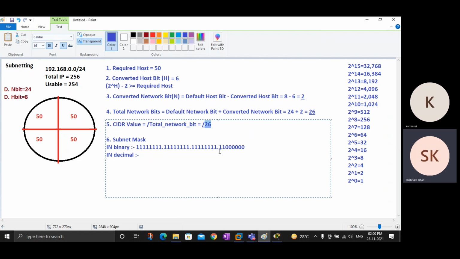If the CIDR value you got is slash 18, you need to write 1 eighteen times here, and the remaining bits will be 0. The total should go up to 32. So 8, plus 8 is 16, plus 8 is 24, 25, 26, 27, 28, 29, 30, 31, 32.